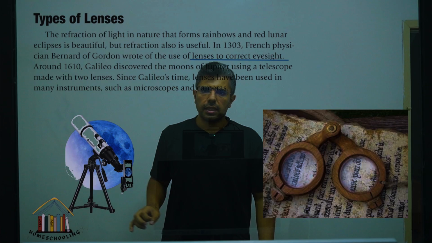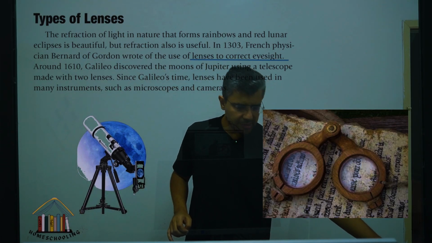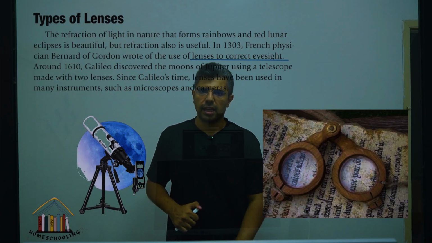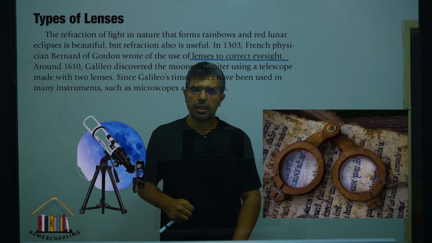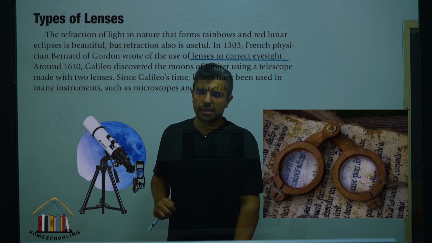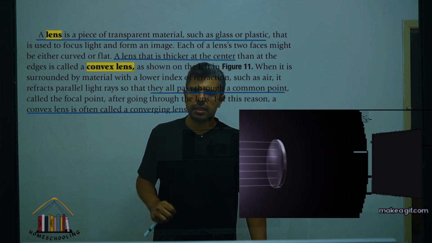So they have multiple applications, and of course lenses are worth studying. They are very important, and we'll discuss their importance in our next lesson on the application of lenses. Okay, so let's start here.